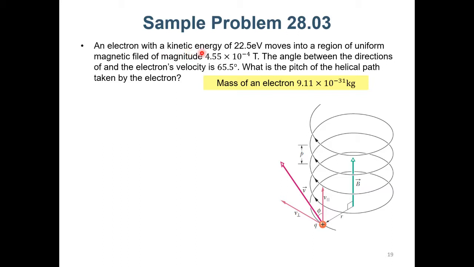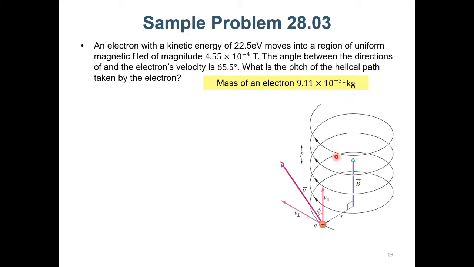An electron with kinetic energy 22.5 eV moves into a region of uniform magnetic field of magnitude 4.55 times 10 to the minus 4 Tesla.